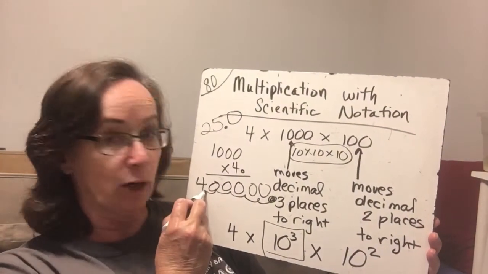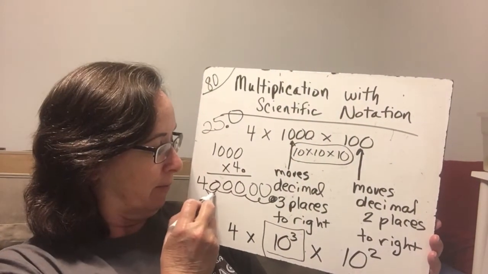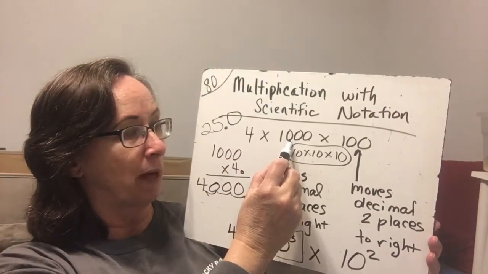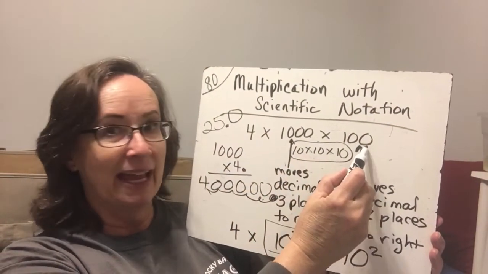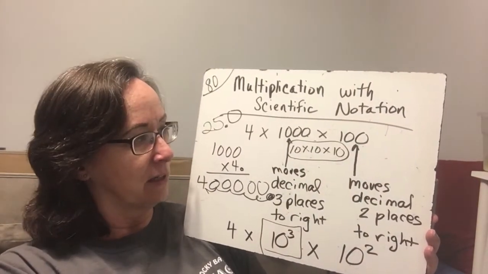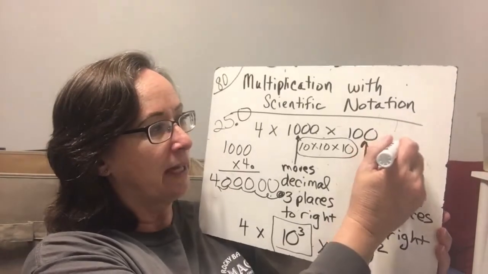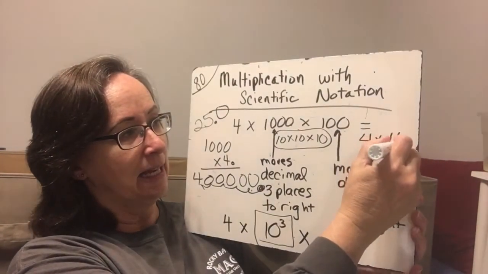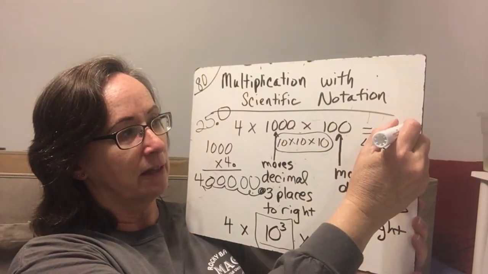We started over here with 4, and we moved it 1, 2, 3, 4, 5 because we multiplied it by 10 to the third and 10 squared. And altogether, when we finish, we get 4 times 10 to the 5th.